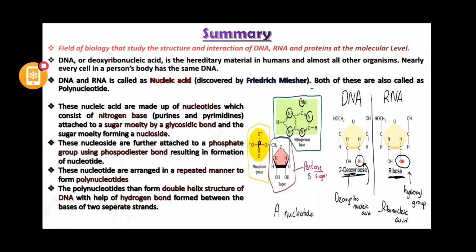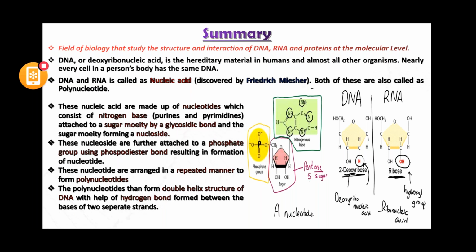The nitrogen base is attached to the sugar moiety with a glycosidic bond, and the five carbon atom of the pentose ring, the ribose ring, is attached to a phosphate group with a phosphodiester bond, and thus it forms a nucleotide.